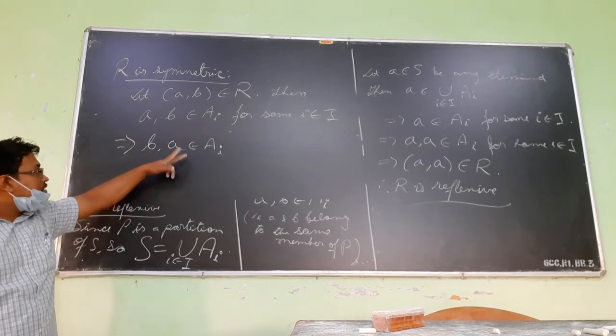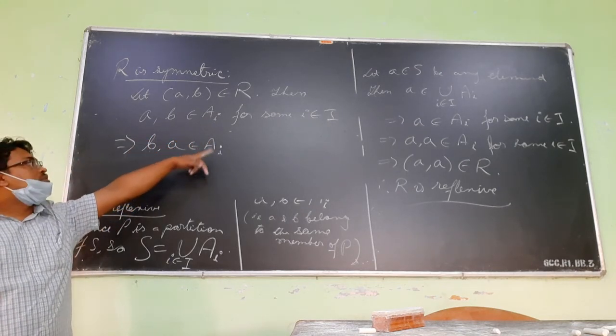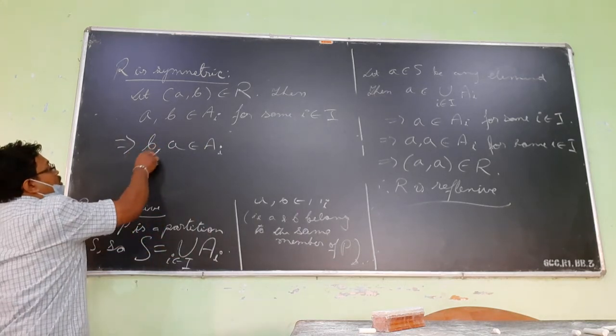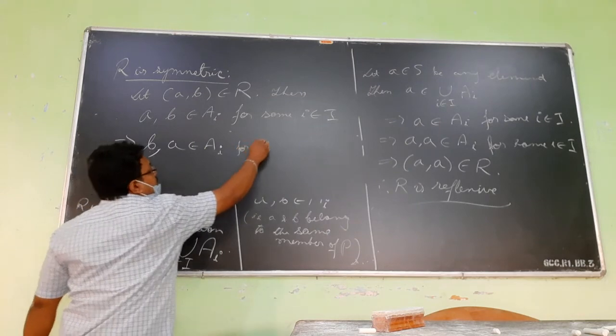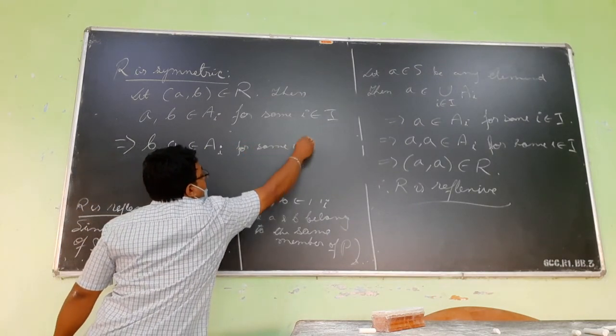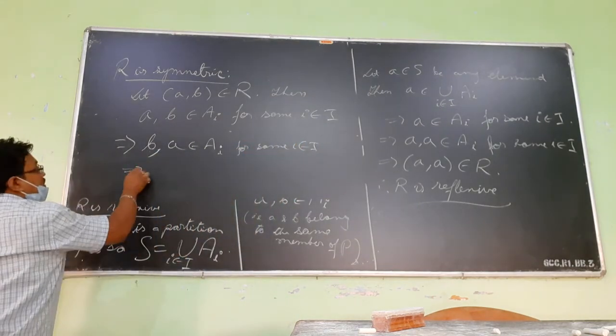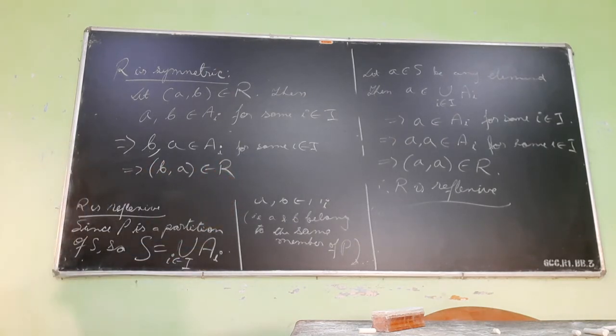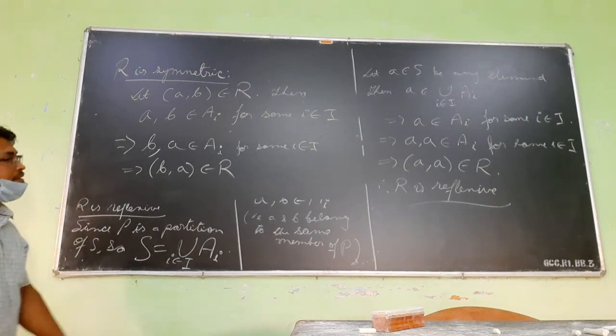It is the same as saying B and A belong to maths honors first year. The order is not important. So (B, A) belongs to A_I for some I inside capital I. So this means that B and A are related. So R is symmetric. If (A, B) is related, then (B, A) is related.